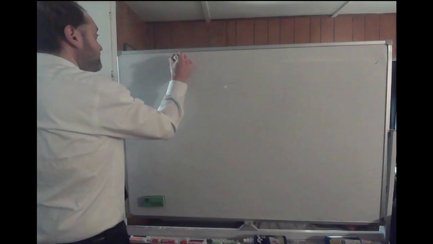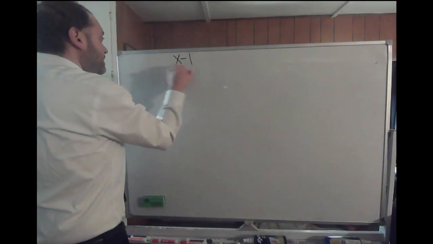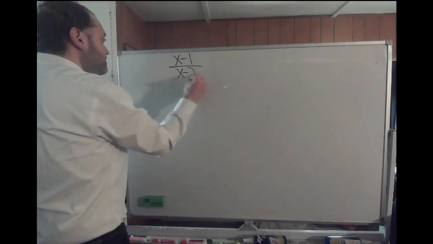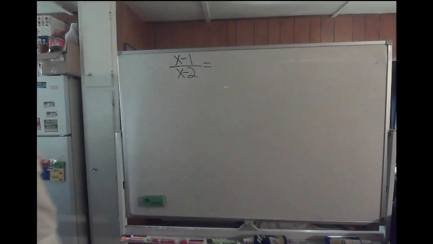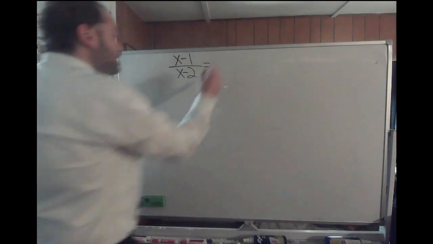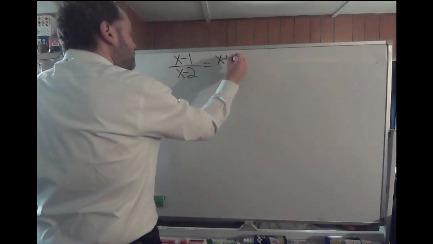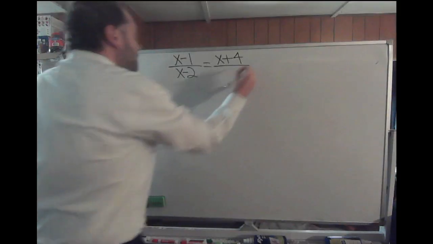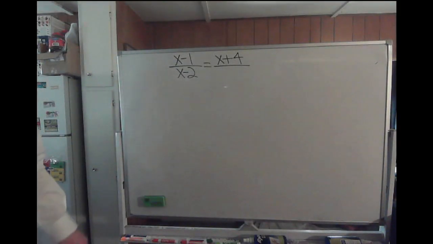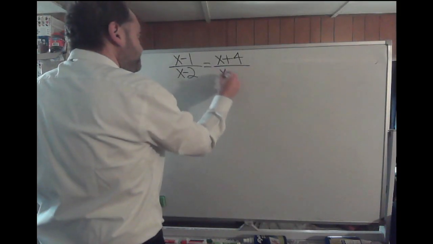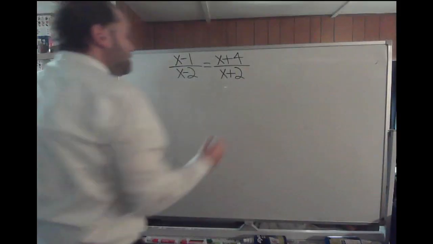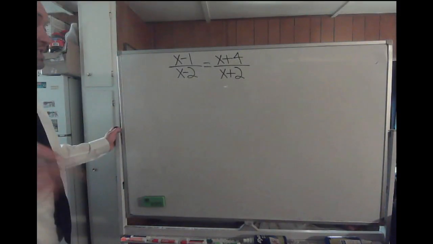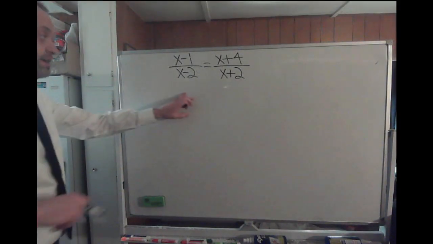All right, we have x minus 1 over x minus 2 being set equal to x plus 4 all over x plus 2. Well, first things first, set each of these denominators equal to 0.